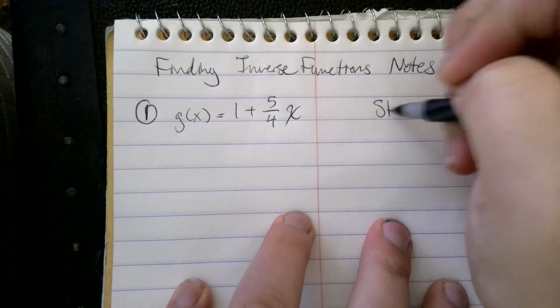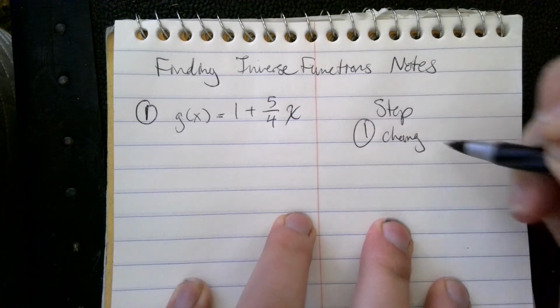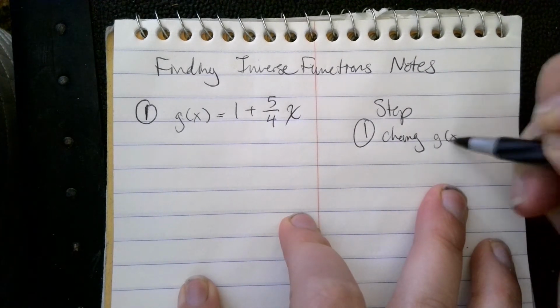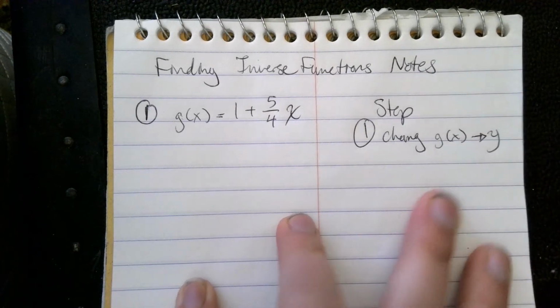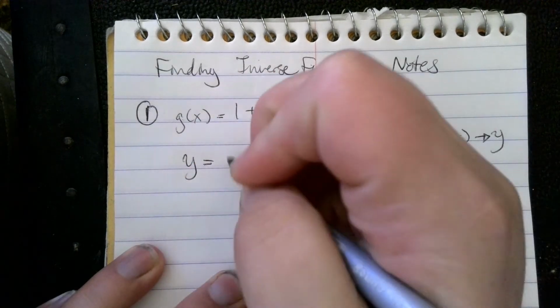So our first step is to change g of x into y. So I'm going to think of this as y equals.